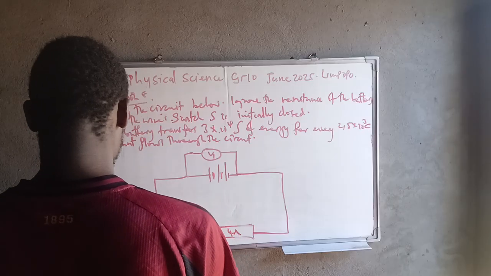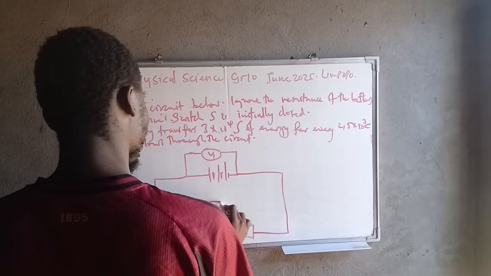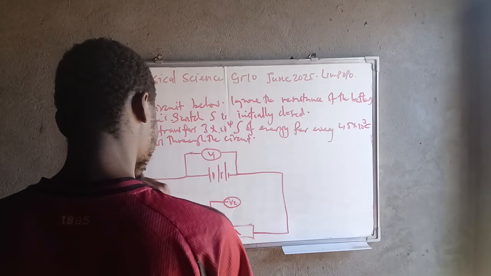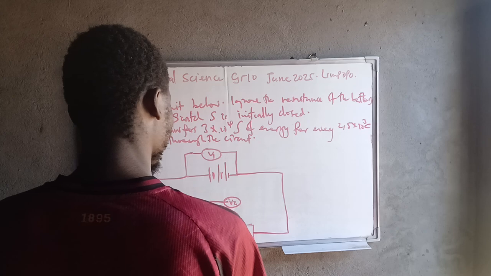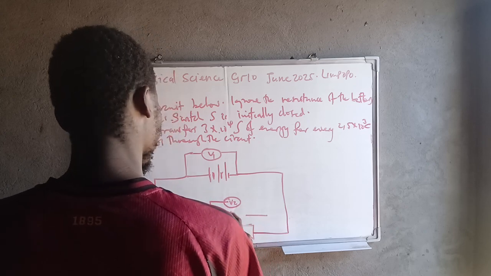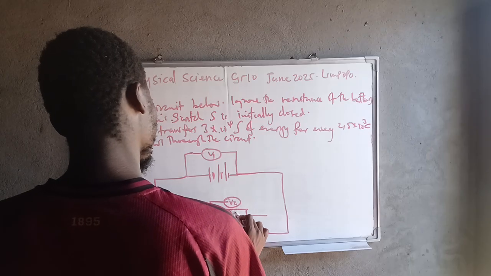Then from A2, having V2, then a resistance of 6 ohms there.